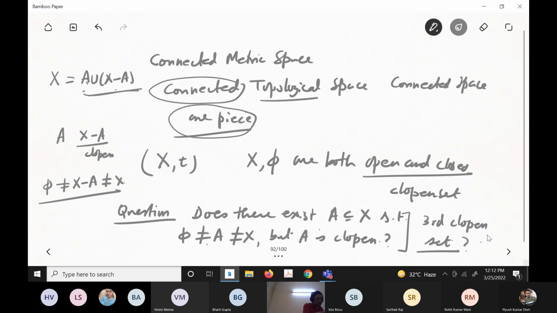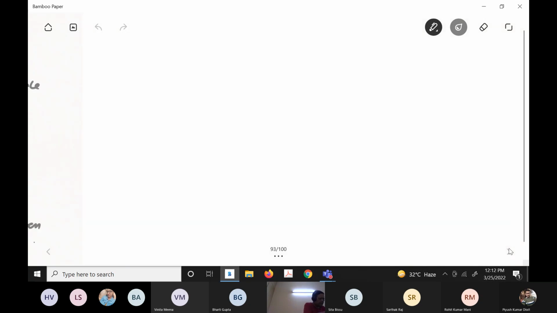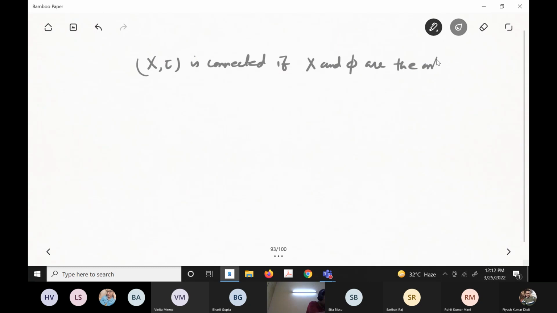Okay, so that I say this is connected if X and phi are the only clopen sets in X.